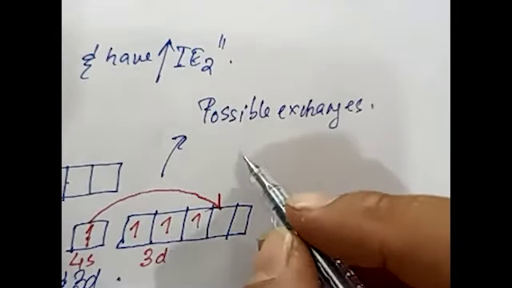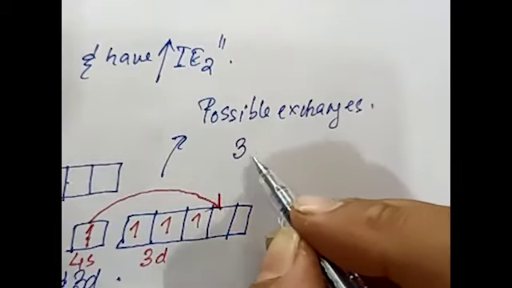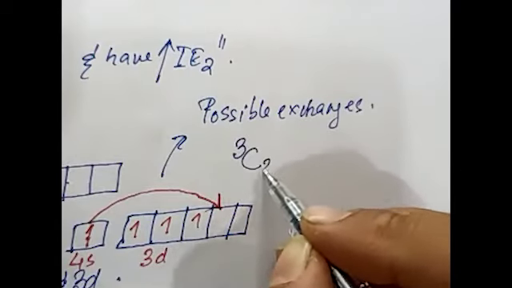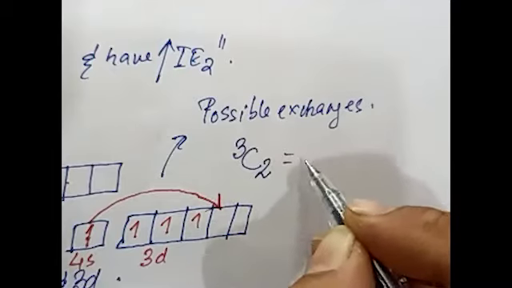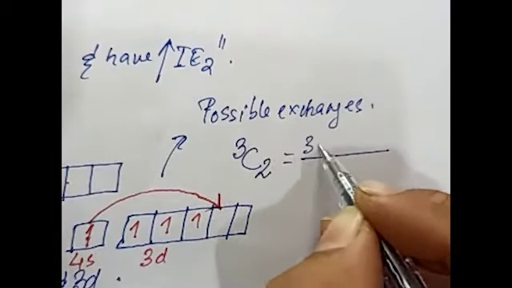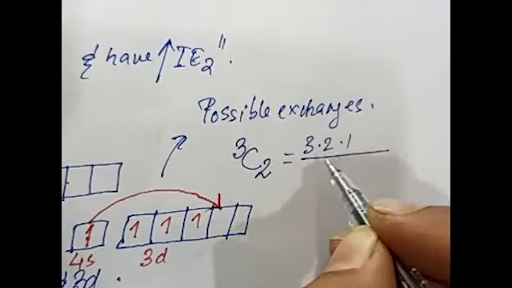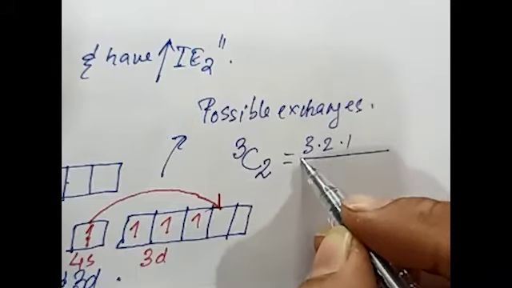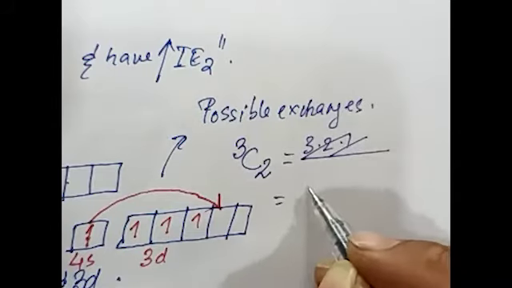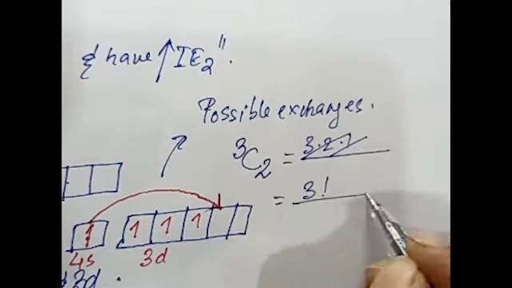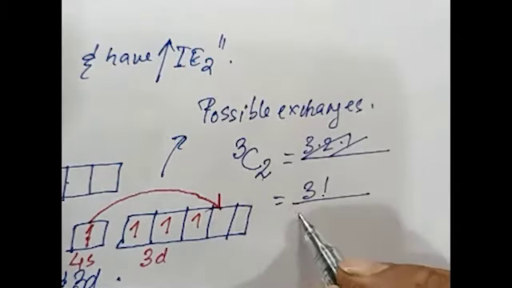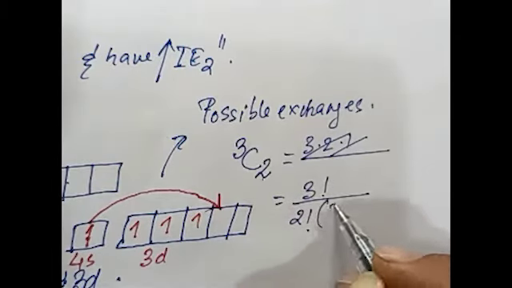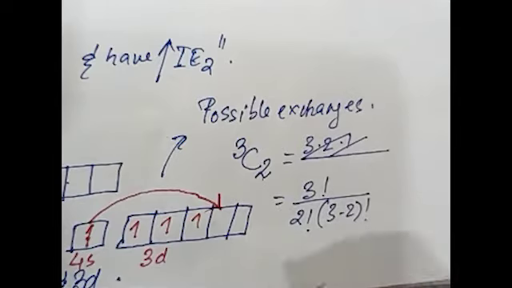It is given by the number of unpaired electrons, that is 3, combination 2 at a time, two electrons exchanging. I'll just write it once for you. It is equal to 3 factorial divided by 2 factorial into (3 minus 2) factorial.